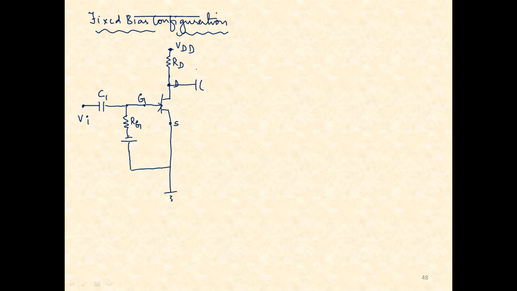Vi denotes the input signal, and C2 is the coupling capacitor across the output, and V0 denotes the output voltage. That is VGG, the supply at the gate.